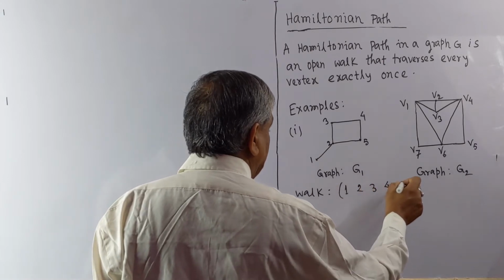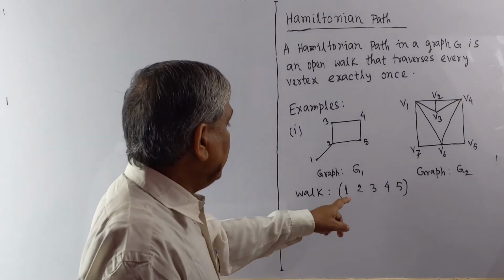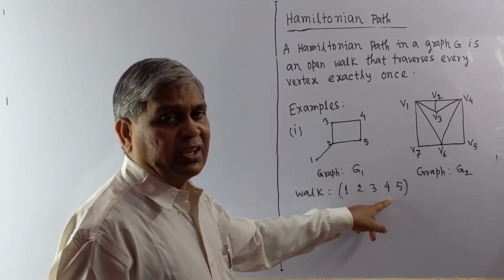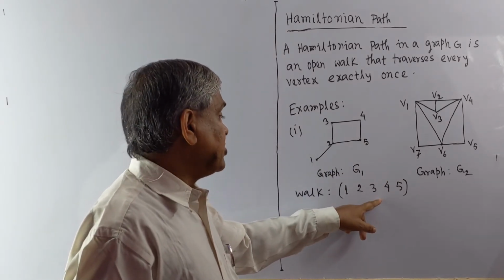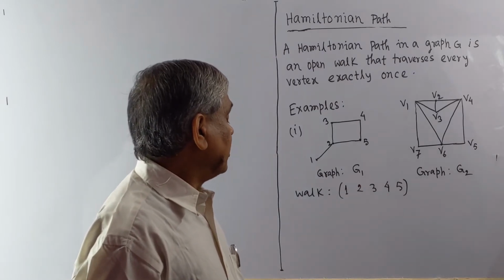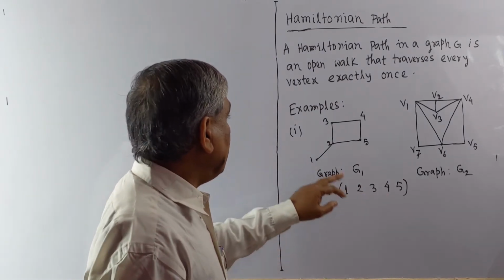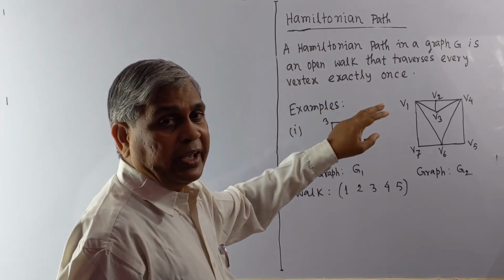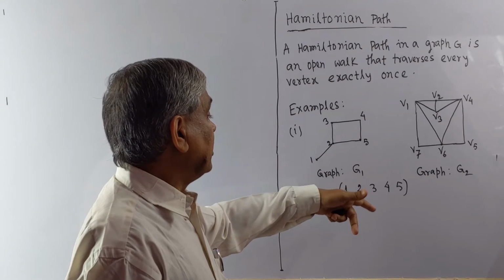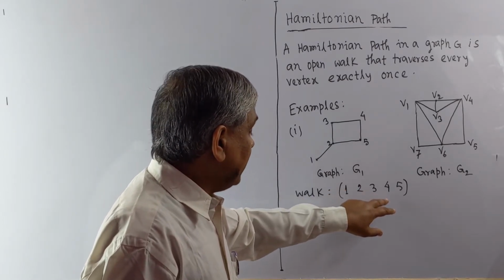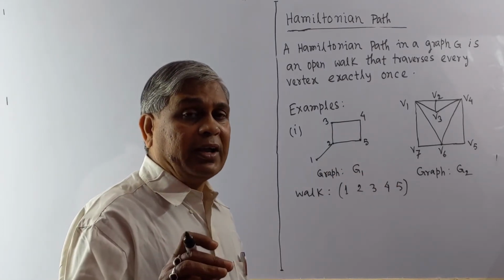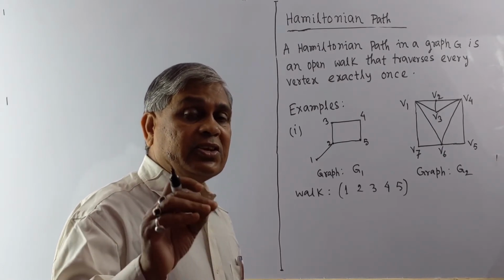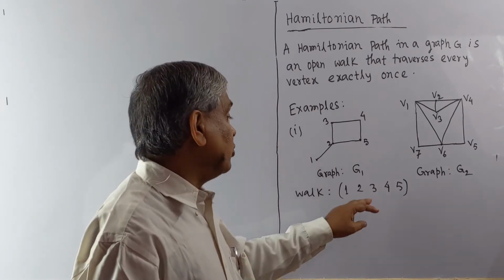Here we see that in this walk we include all the vertices exactly once, and it is an open walk, and this walk is called Hamiltonian path because every vertex has been included in the walk, and the walk traverses each vertex exactly once.